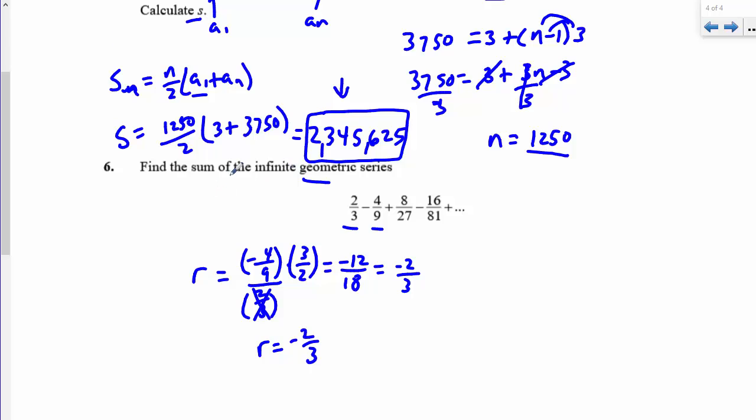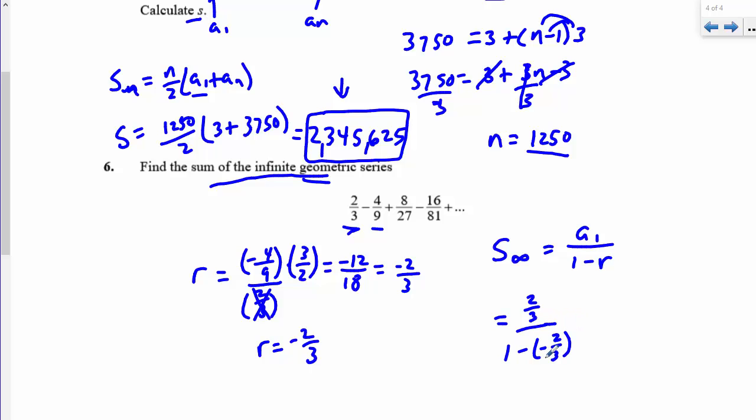Now to find the sum of an infinite geometric series, if the absolute value of r is less than 1, which it is, it's 2/3, we're going to use this formula. The sum of an infinite number of terms will equal a1 over 1 minus r. a1 is the first term, which is 2/3. So this is going to equal 2/3 over 1 minus r, which is 1 minus negative 2/3.